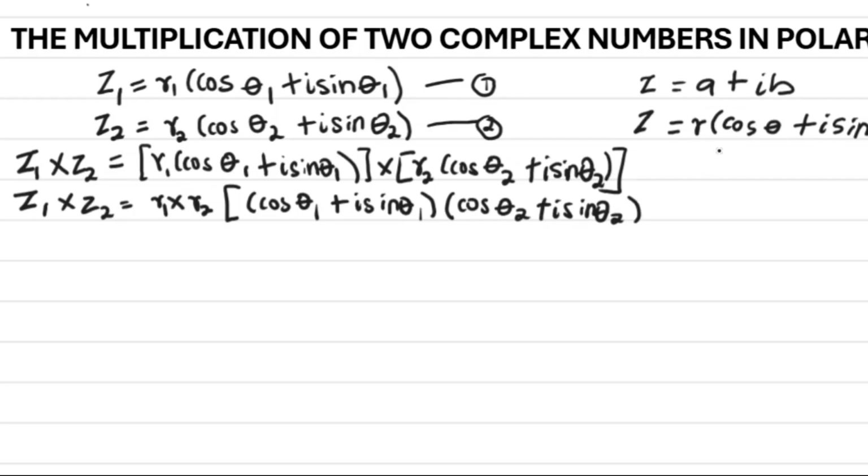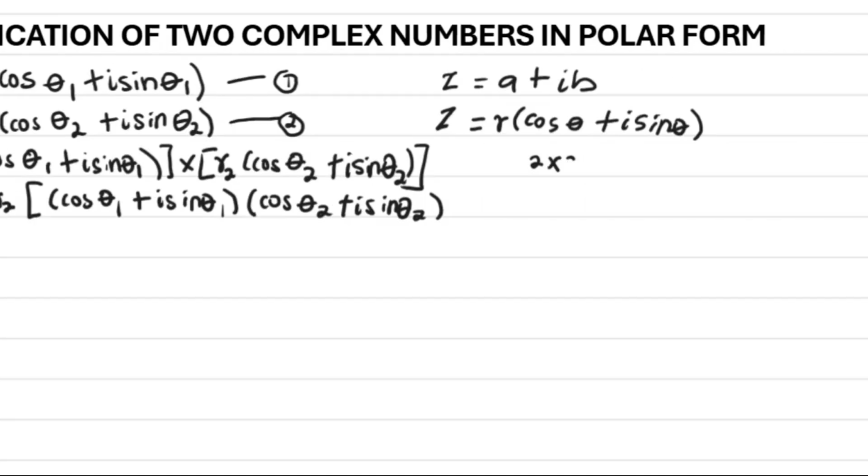Now, why is this equation the same thing as this? Let's assume that we have to solve 2 multiplied by 3 times 3 multiplied by, let's say, 6.